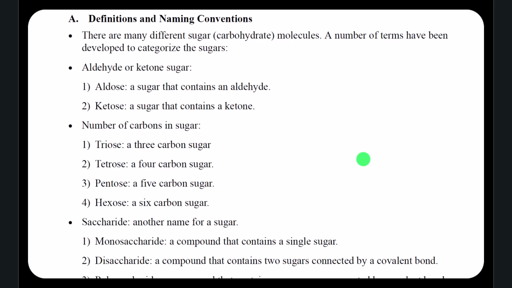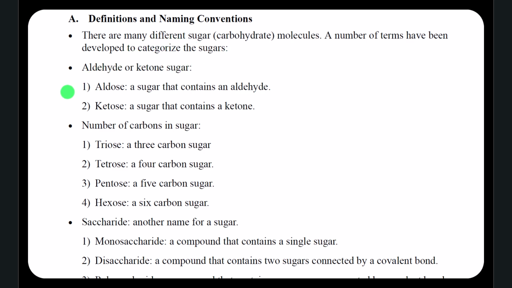One important part of carbohydrate chemistry is just understanding the definitions and naming conventions of the different sugar or carbohydrate molecules. A number of terms have been developed to categorize the sugars. So, for example, as mentioned, a sugar could be either an aldehyde or a ketone.